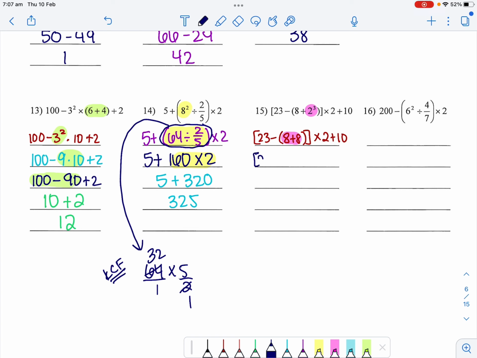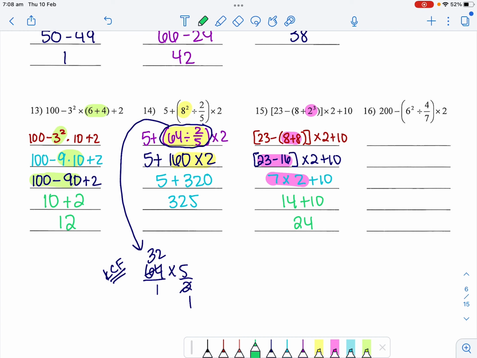So my bracket stays 23 minus 16 times 2 plus 10. 23 minus 16 is my next one because it's inside those brackets still. That's going to be 7 times 2 plus 10. Then I multiply. 7 times 2 is 14 plus 10 is 24.